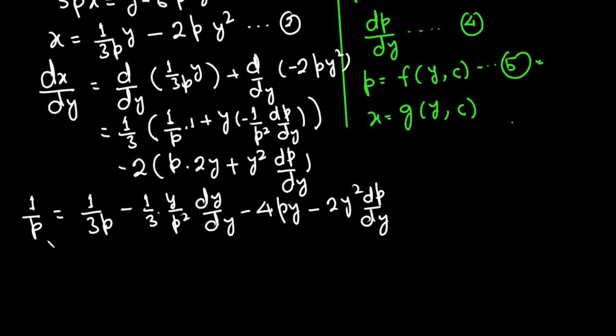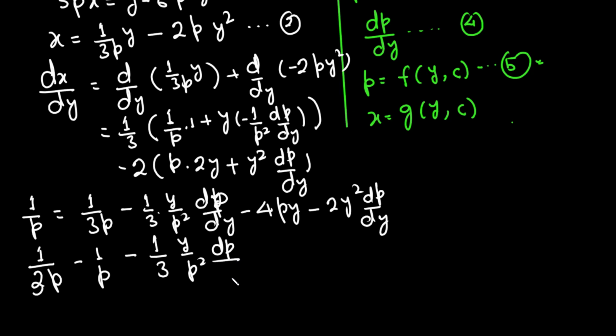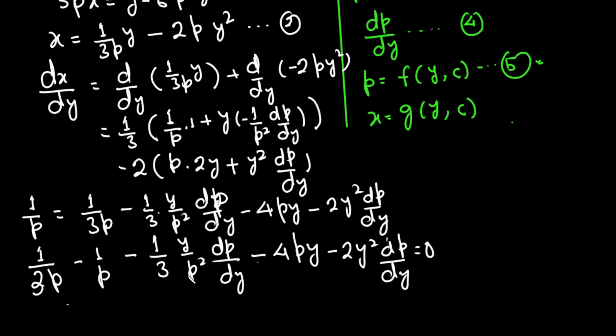Now bringing 1 over p to the right hand side, this equation becomes 1 over 3p minus 1 over p, minus 1 over 3 y over p square dp over dy, minus 4py minus 2y square dp over dy equals 0.